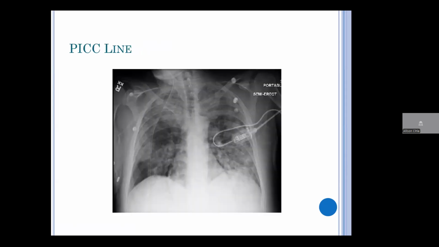This is a PICC line, which stands for peripherally inserted central catheter. And so that is coming through the arm and coming up and into the chest. And you can see all the abnormalities on this patient's image too. You sort of lose this border here. You can see this border here, but they definitely have abnormalities throughout the lungs.